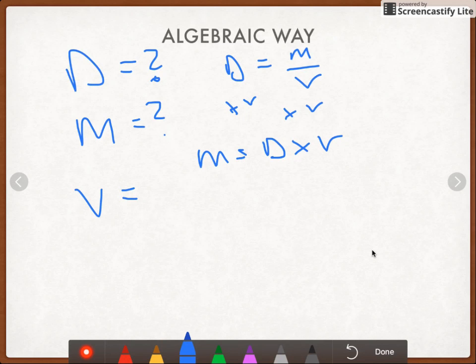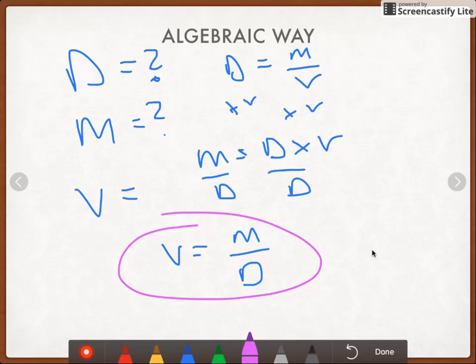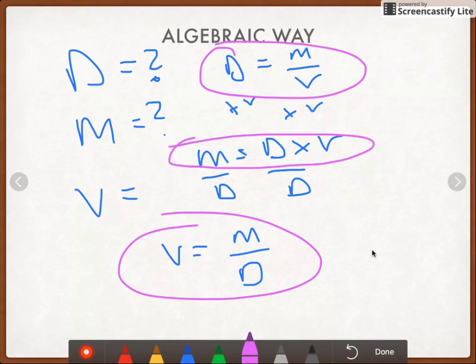Or if we're looking for volume, then we could do that step, but then divide by D. So volume is equal to the mass divided by the density. Okay, so your three equations that you'll use are that, this, and that, based on what you're looking for.